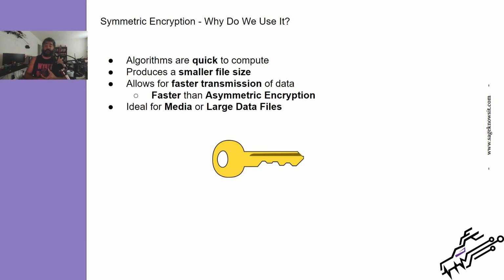And it is ideal for media or large data files. I don't want to give up too much, but for all the negatives we have mentioned, there are ways to securely send symmetric encryption keys, though it does entail using other technologies, which we'll talk about later in this course.